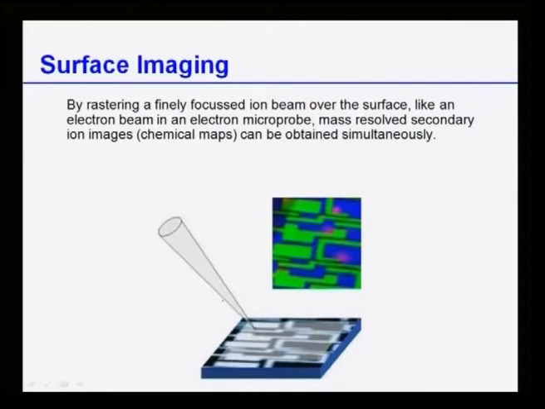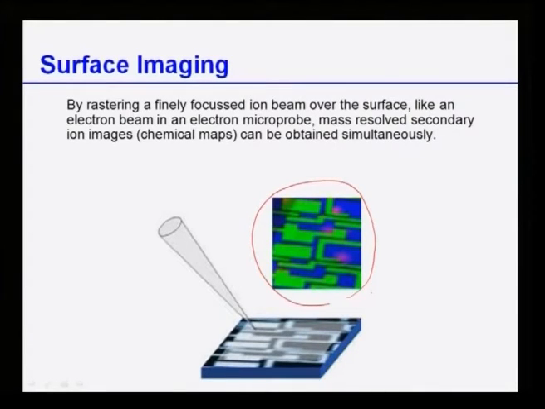It is similar to a scanning electron microscope image, but here we are getting mass resolved secondary ion images. If I have a primary beam which I can raster on the sample surface, from each point we can generate secondary ions, measure the secondary ion types and their yield, quantify the different elements, and create a map.